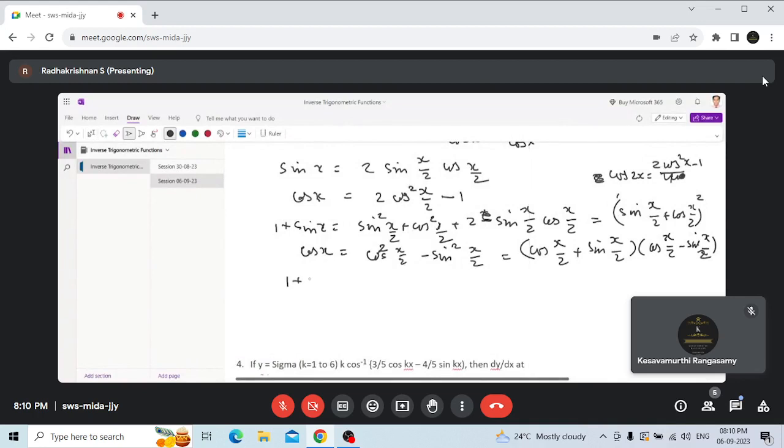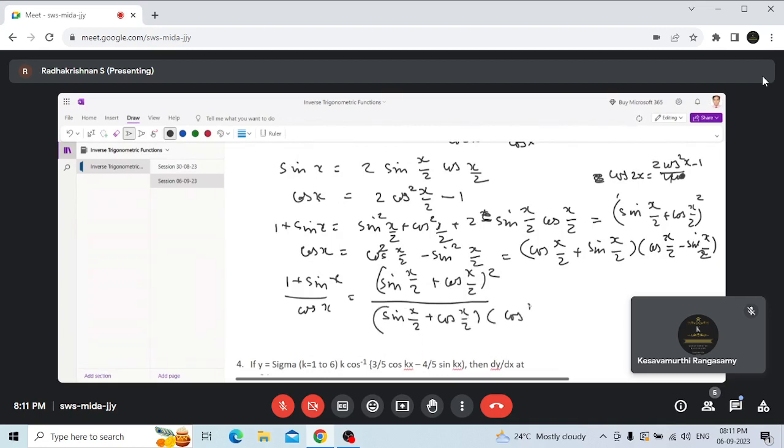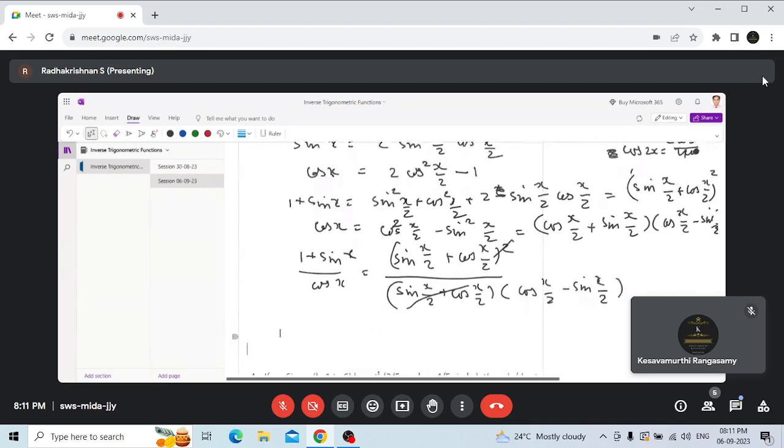Therefore, 1 plus sin x divided by cos x, so 1 gets cancelled. So what remains is, I will write it as cos plus sine, the numerator.